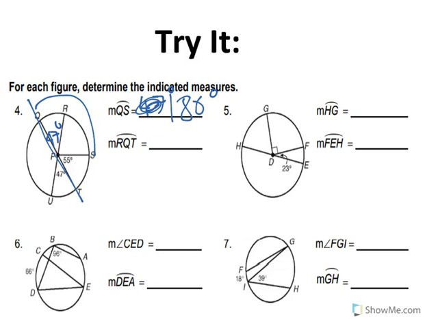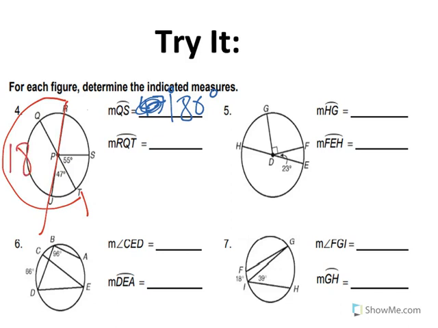Now we're looking for RQT. So in order to do this, we need to follow the order, right? So RQT. So we're looking for the major arc. Well, then this is a diameter.